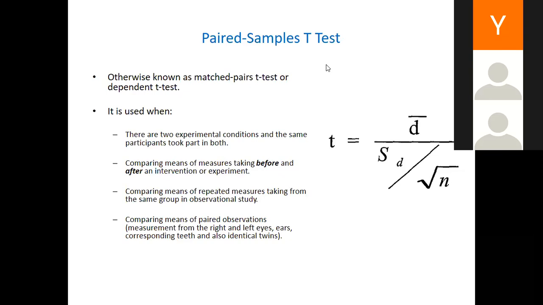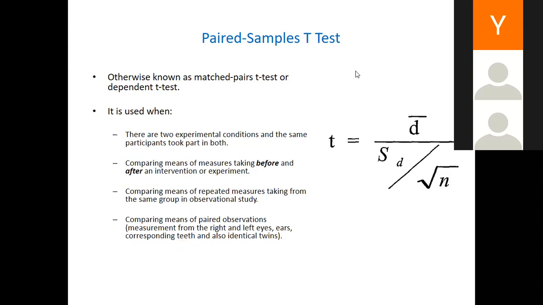That's the one that is common when it comes to observational study: intraocular pressure, right eye, left eye, right ear, left ear, right arm, left arm, right leg, left leg, right breast, left breast. Think of anything that occurs in pairs in the body. You can use paired t-test to compare any measurement.